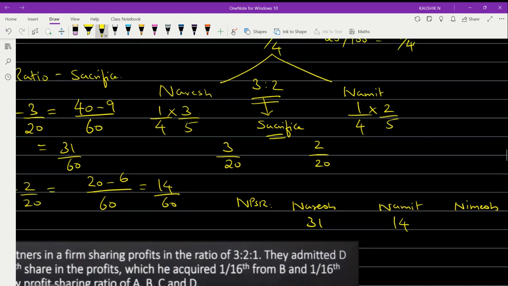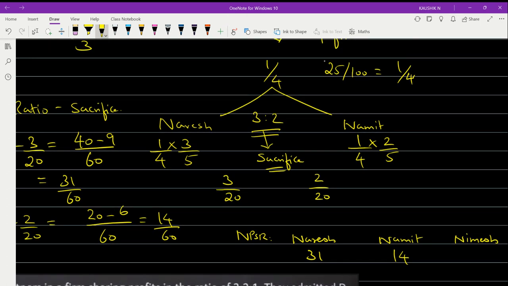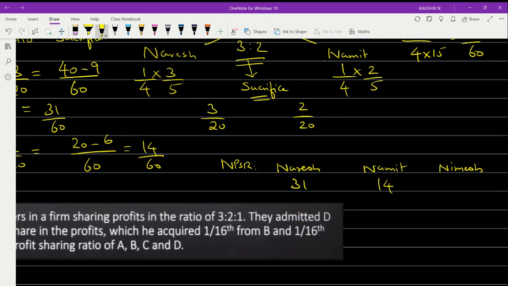But look here, for the partner Nimesh, we have been given how much? One fourth share. This one fourth share is also to be converted to base 60. So multiply the numerator and denominator by 15. That will give you 15 by 60. So the NPSR will be 31 is to 14 is to 15. Able to understand?